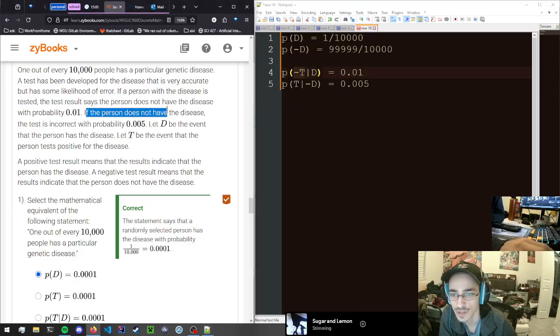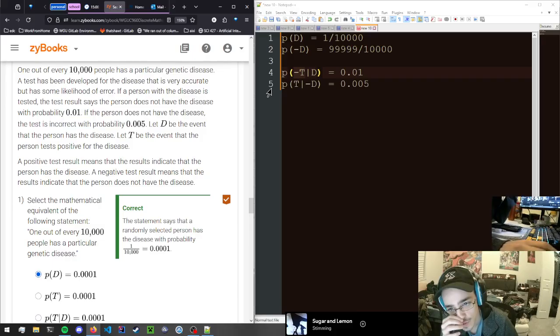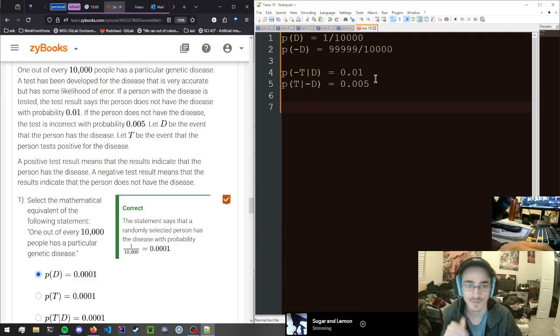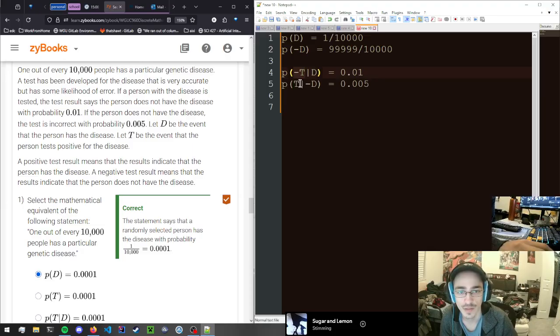If the person does not have the disease, the test is incorrect with probability 0.001, 0.5. So if they don't have the disease, it should say negative, but that means it'll say positive because it's incorrect. Okay, and that's a chance. So the only thing that is different here is these, which I don't know.